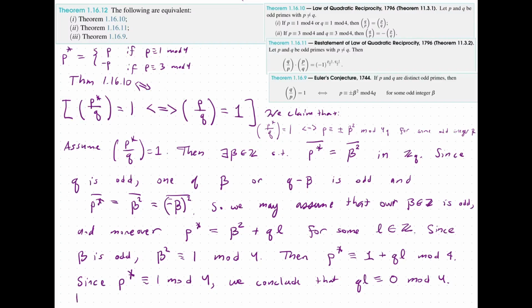So by the Chinese remainder theorem, since p star is congruent to beta squared mod 4, so the q goes away, so it's just going to be congruent to beta squared mod 4, and p star is congruent to beta squared mod q, the Chinese remainder theorem implies that p star is congruent to beta squared mod 4q.